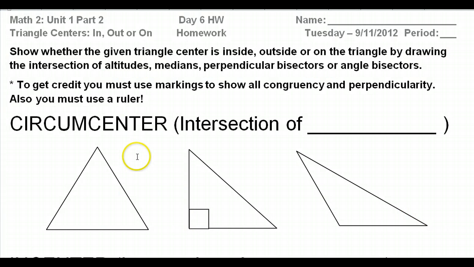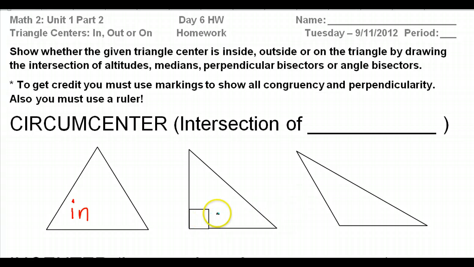Okay, so for example, say I forgot whether or not a circumcenter was inside, outside, or on the triangle. Of course, for an acute triangle, we will just go ahead and memorize it. Acute triangle, it's always going to be inside. I mean, for your homework you have to draw it, but I'll come back to that.